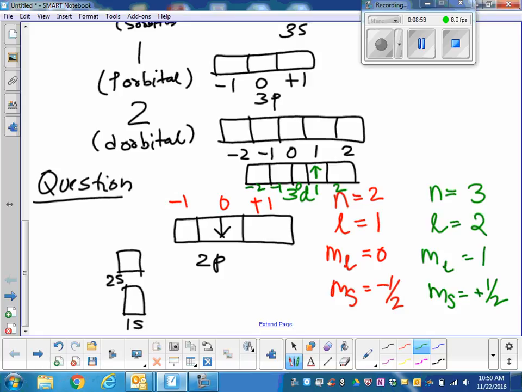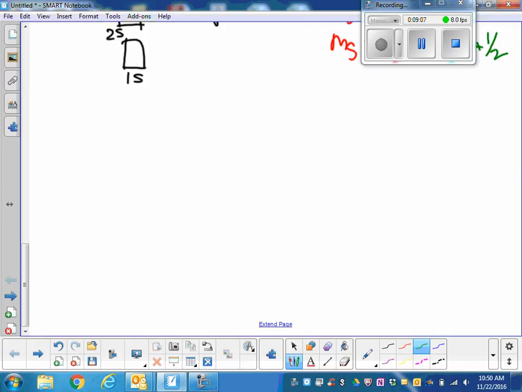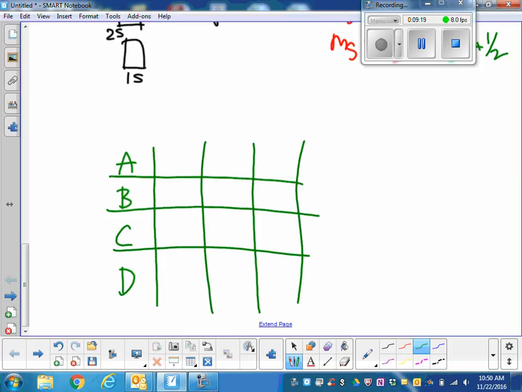Do we understand this? Okay, there's one more question. This is on the review sheet. There are 4 electrons, A, B, C, and D, and they have given you the quantum numbers for those 4, and they say, which of the following sets of quantum numbers is impossible?